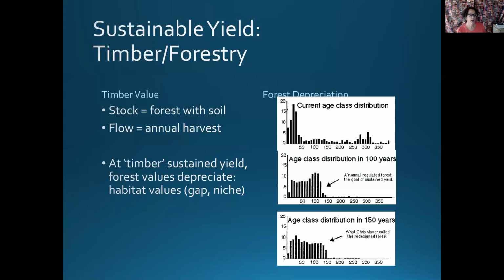So a sustained yield would be something in which the age class distribution of your forest was actually going to be the same over time.